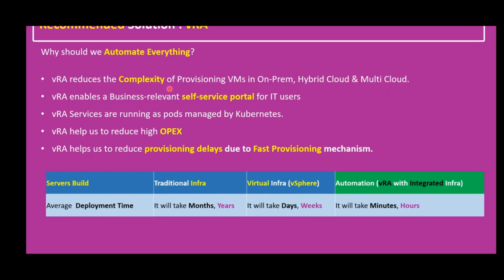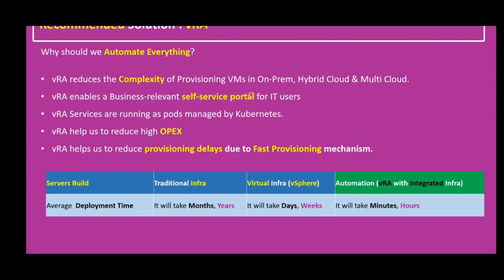And VRA enables a business relevant self-service portal for IT users. Here, self-service portal means when a user submits one VM provision request, he need not worry about contacting the vSphere team, network team, storage team and so on. He will just submit one request using the VRA portal.